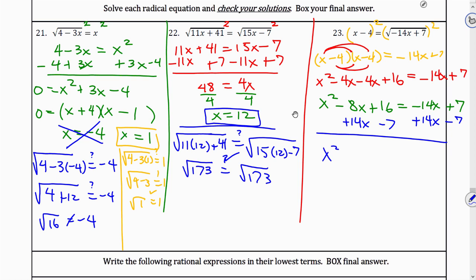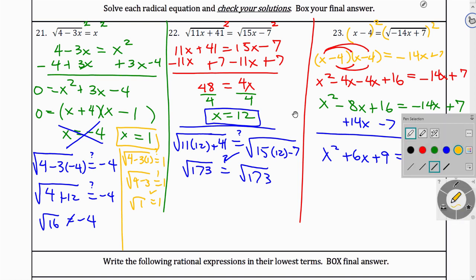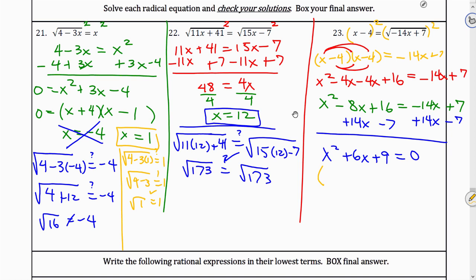Negative 8 plus 14 is plus 6x. 16 minus 7 is plus 9 equals 0. Okay, now I can factor this by finding two numbers that will multiply to be 9 and add to be 6. That's positive 3 and positive 3. And I have x equals negative 3, and that's the only solution.